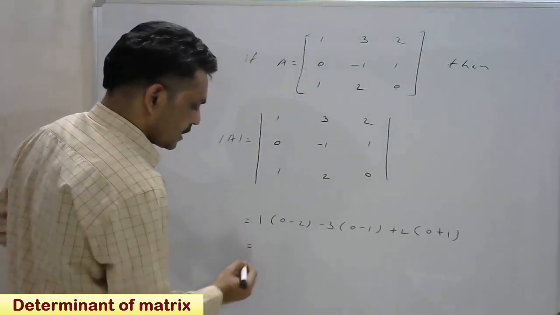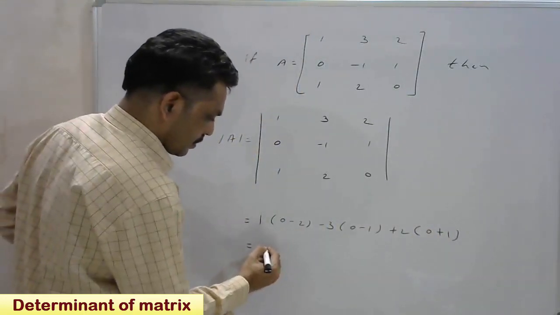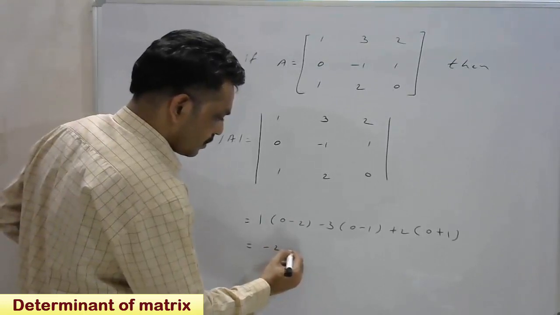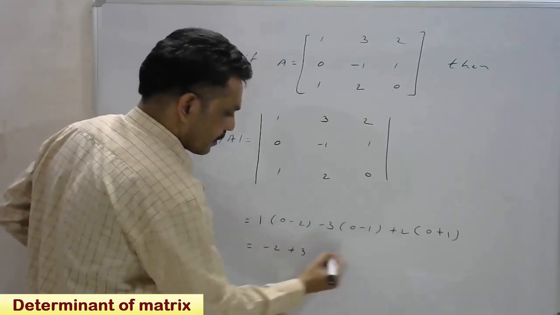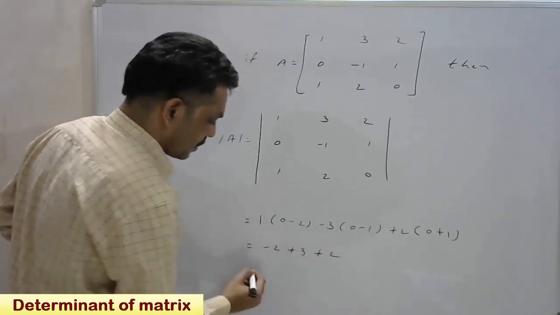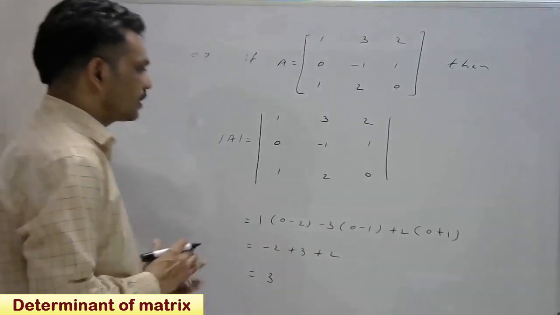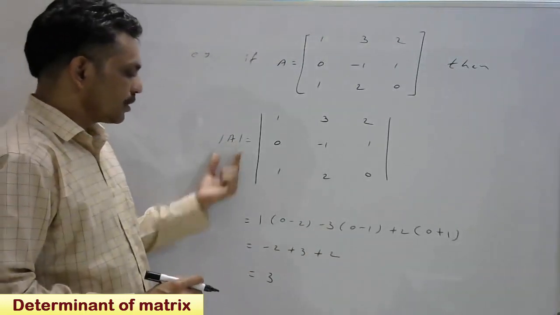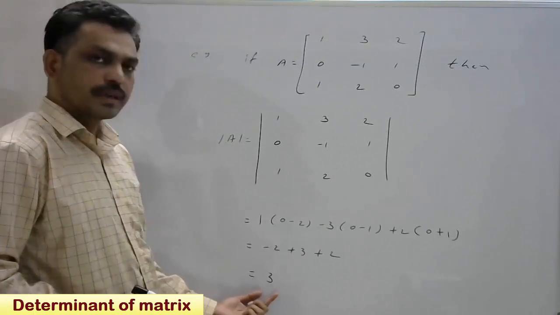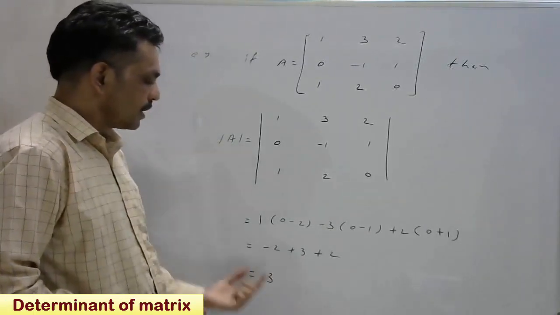Then this is equal to minus 2 plus 3 plus 2, which is 3. Therefore, the determinant of A is equal to 3. That is, the value of the determinant of A is 3.